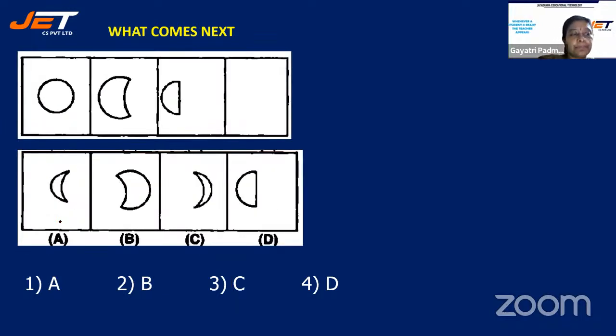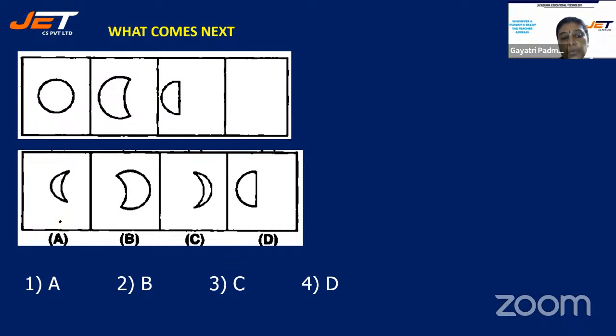In the second question, we have a circle. After that, a small portion is being cut. And the third one is exactly a semicircle. So now what could be the fourth one?